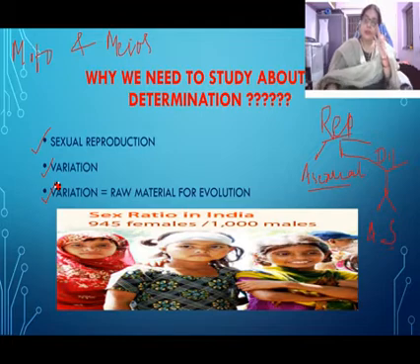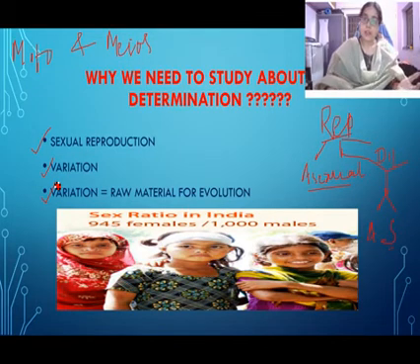Generation after generation, these variations will be collected and result into the formation of a new species, and that is known as speciation, and that results into evolution. So you can find that sexual reproduction is beneficial in this aspect, which results into the formation of variation.